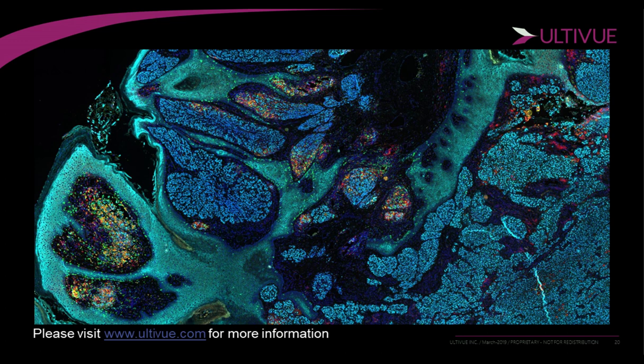Okay, our next question. Does Ultivue have solutions for the co-registration of multiple rounds of imaging? And there are 2 parts. Or is this dependent on your imaging equipment or image analysis software? We do, and that's why some of our technology is still brought in-house, especially for our higher levels of plexing.